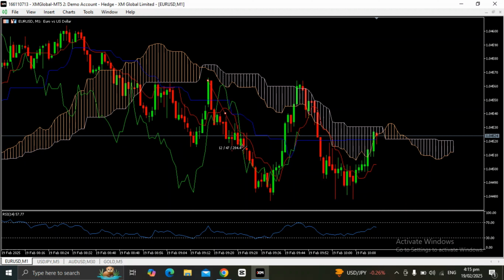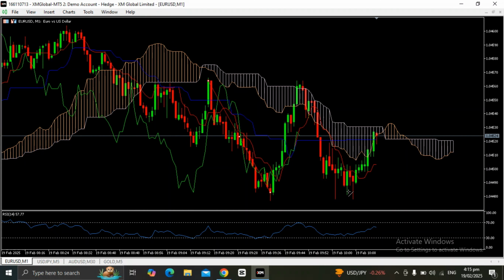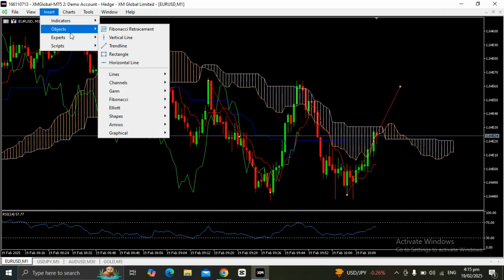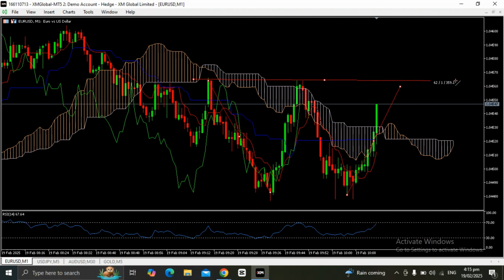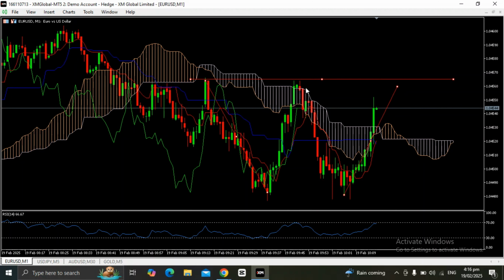As you can see from here, it goes down here, and then from here it goes up here, and then here, and then we are targeting somewhere like this here, so that will correspond to the horizontal line, that is the resistance.